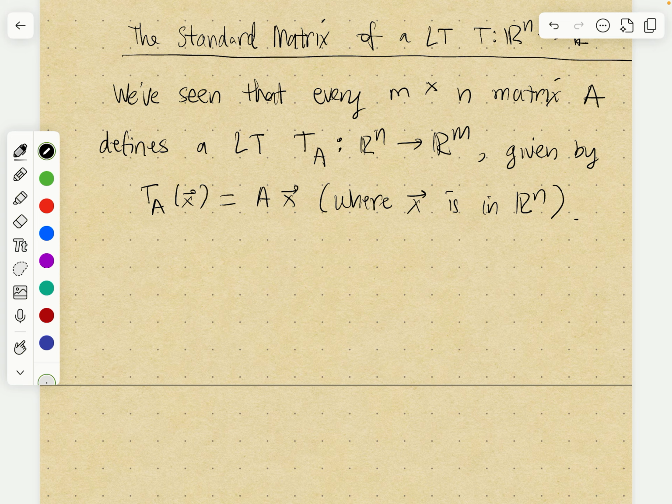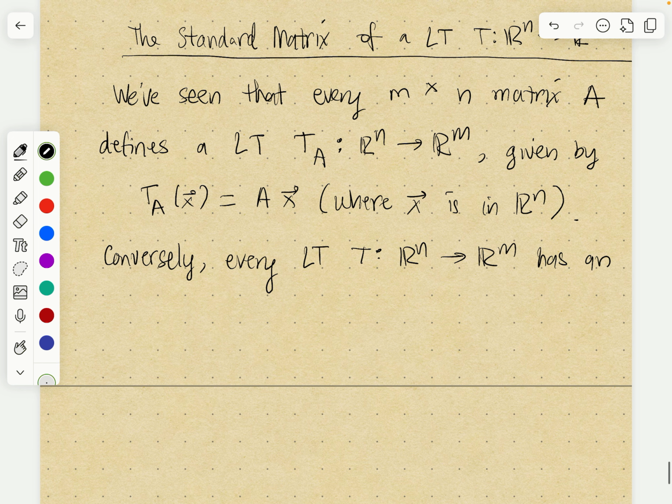And one thing we'll see is that conversely, every linear transformation T from Rn to Rm has an associated matrix.